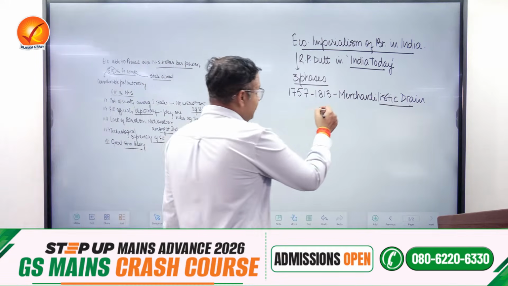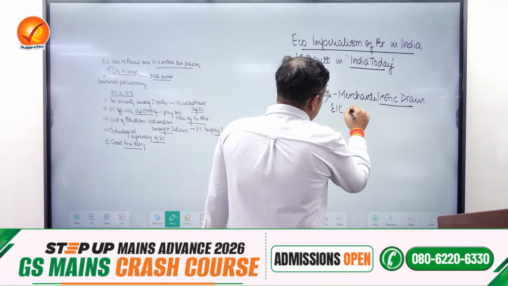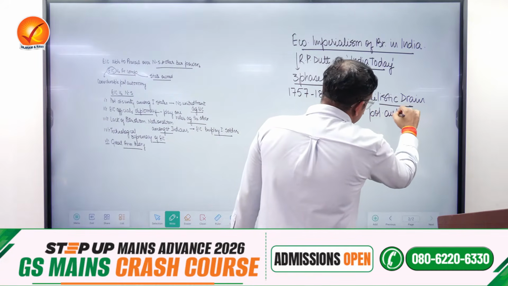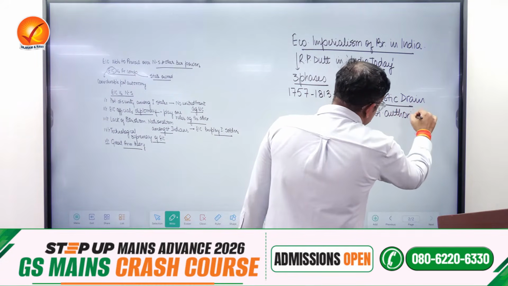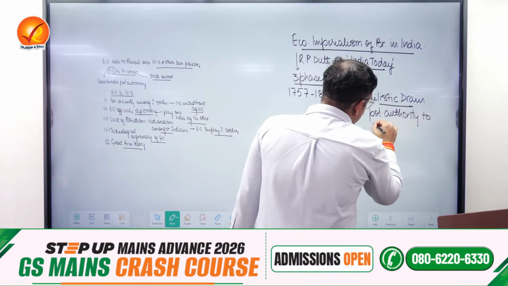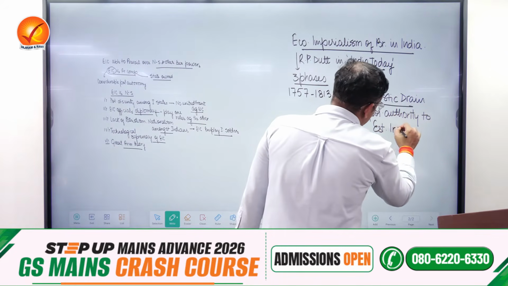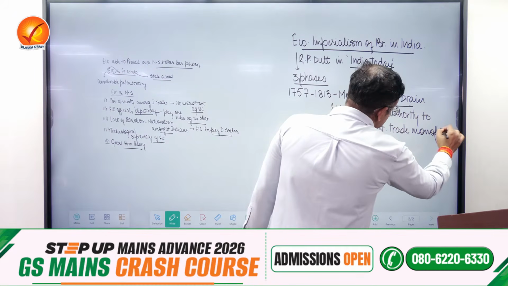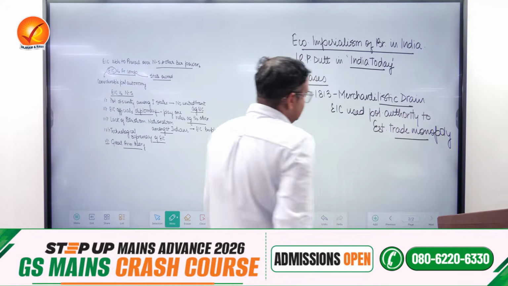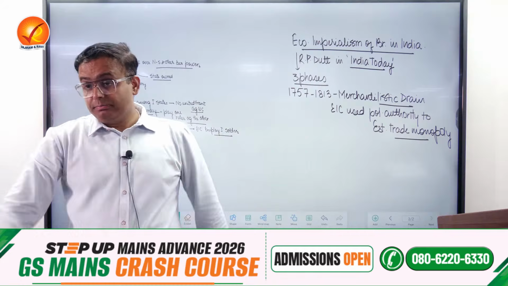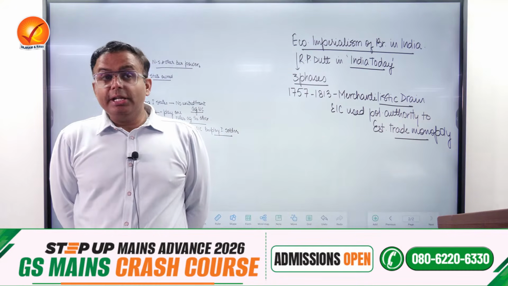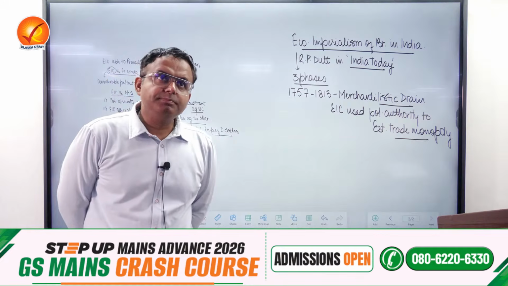This was a period where we see East India Company used their political authority to establish trade monopoly. Agreed? Trade monopoly. So the nature of trade was dictated trade.